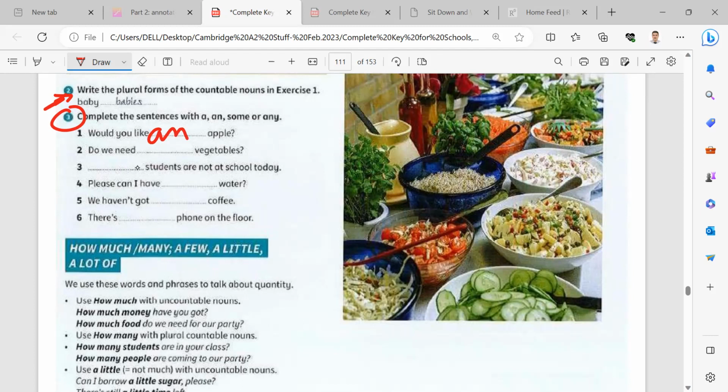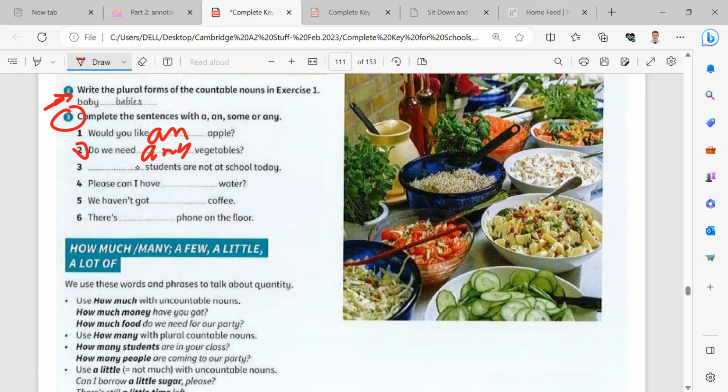Would you like an apple? Here, why some? Is it a request or an offer? Any, because it's a question. Do we need any vegetables?